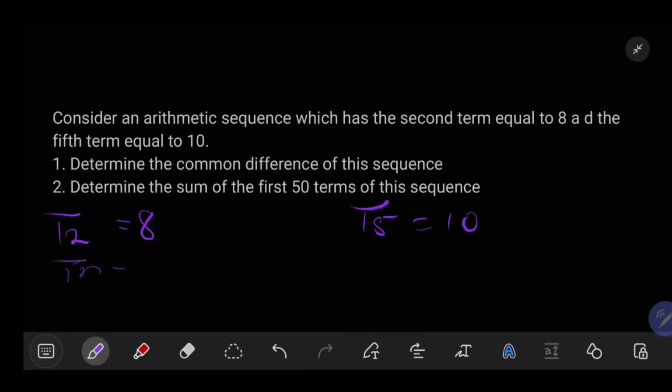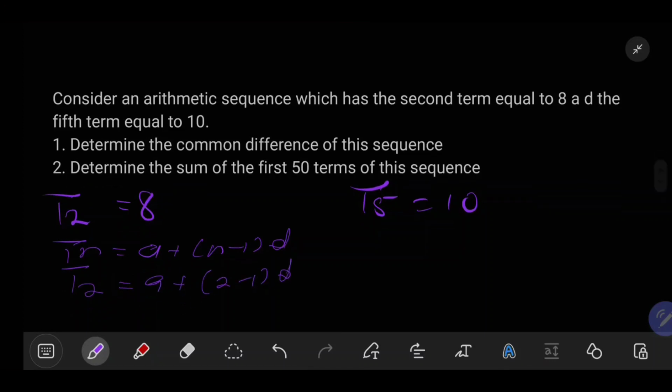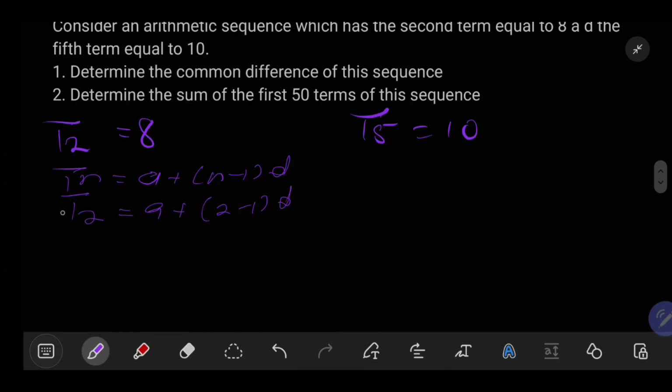In an arithmetic sequence, Tn is equal to a plus (n minus 1) multiplied by d. To find T2, where we see n, we substitute 2. We know the value of term number 2, which is 8, so this is a plus d. This is our first equation.